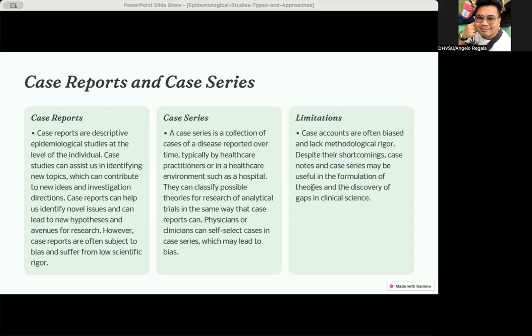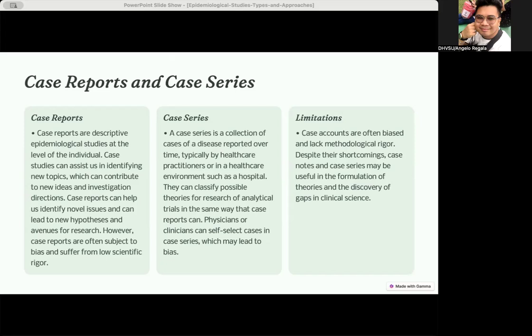The observation can be prospective, retrospective, or current depending on the subtype. In an observational study, we have different types. We have a case report and a case series.